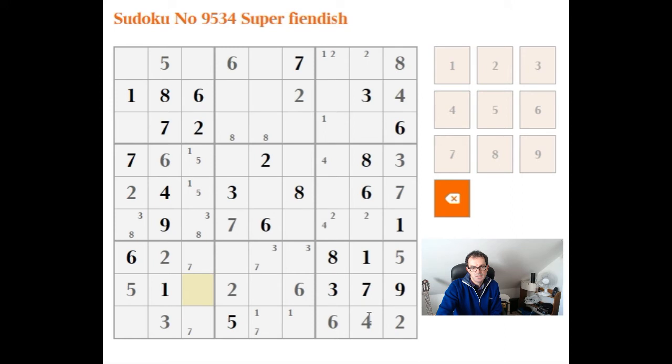You can also see, okay, so this 4 here checks this cell, and therefore the 4's can be isolated to these two positions, and therefore these two positions too up here.